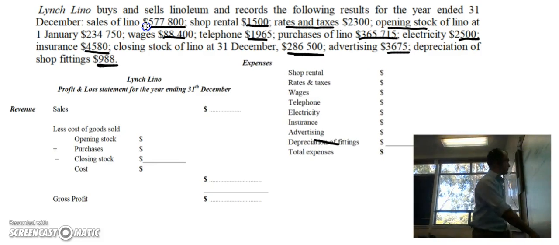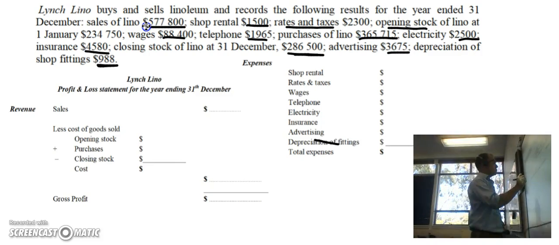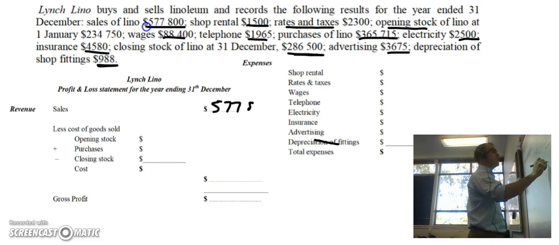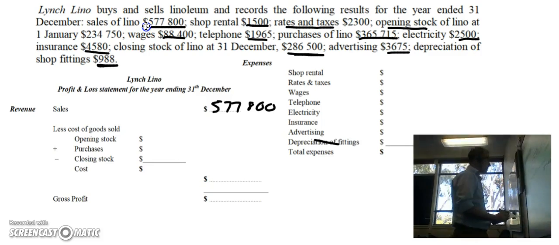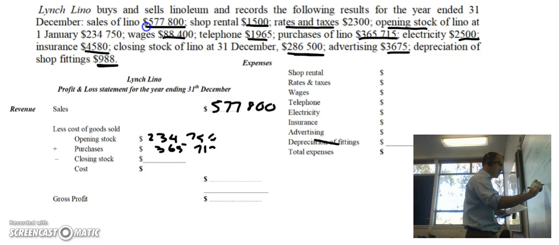All right. So your revenue. Let's look at that one first. So the sales, well, we're told that you sell $577,800 of stock. Our opening stock was $234,750. Purchases of goods was $365,715.